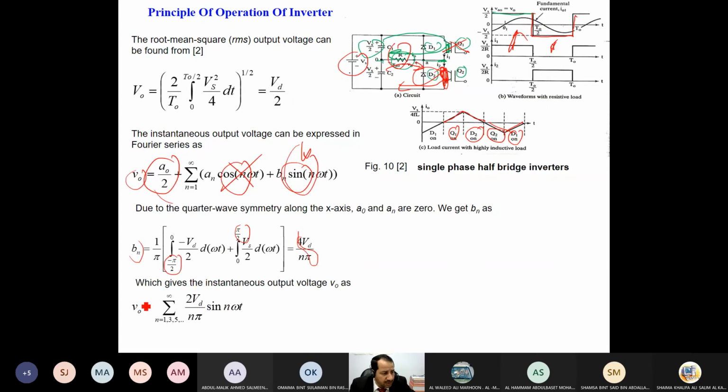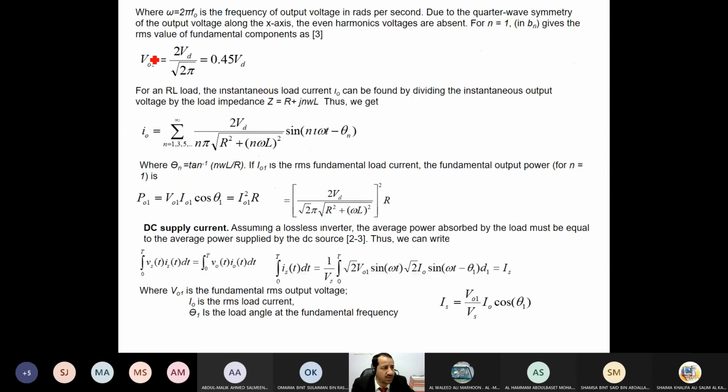Also, the output voltage, the final form, after I did this and substituted everything here, will be 2Vd over pi sine omega t. Now, if I want to find the fundamental harmonic, I substitute, and I get the output fundamental is 0.45 Vd. It reminds me of this 0.45 with the single-phase half-wave rectifier.